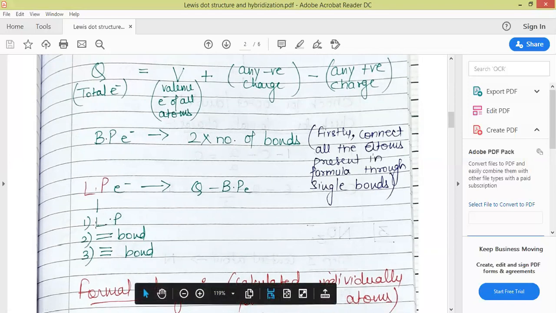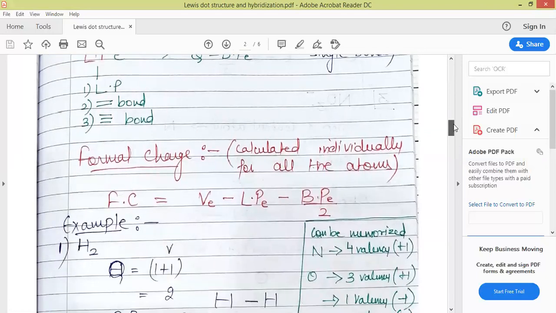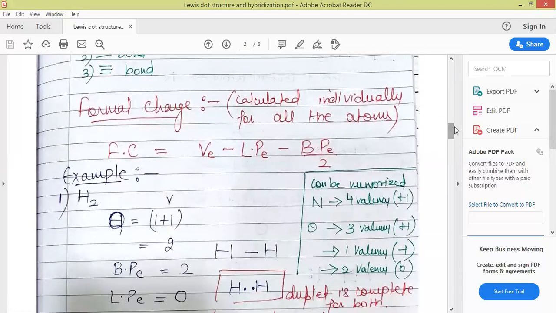The sequence is this: firstly we have to satisfy the number of lone pairs by showing the lone pairs on the atoms, then double bonds, then triple bonds. Next, say for CO2, we draw the structure based upon the above rules, we have drawn the single bonds, and we have given the lone pairs.